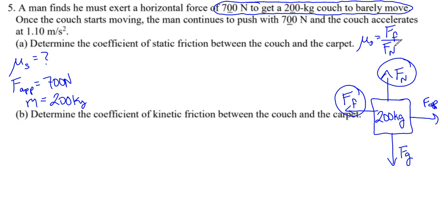Okay, so we need to realize that the normal force and the force of friction, when we're talking about one-dimensional motion, are equal to each other because we're not going up or down at all, we're only going left and right.